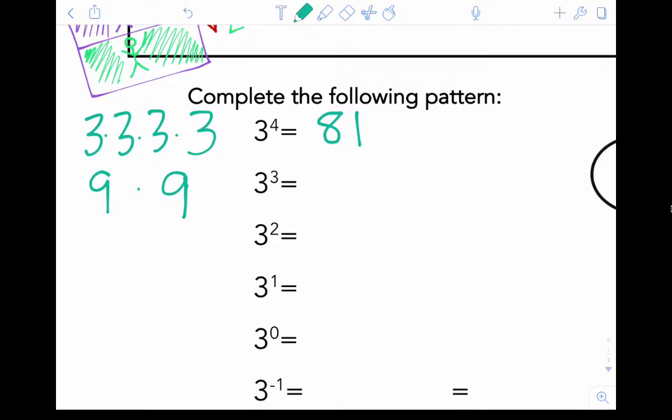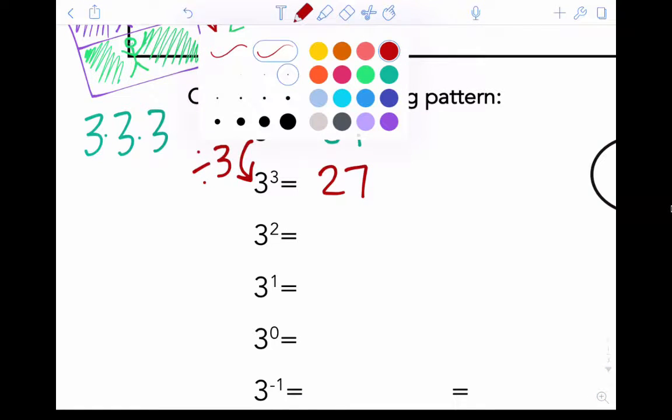Well, next, moving down, 3 to the 3rd, well, I'm going to take away a 3, and now I have 3 times 3 times 3, which is 27. So what I did here is I divided a 3 out of there, and 81 divided by 3 is actually 27.